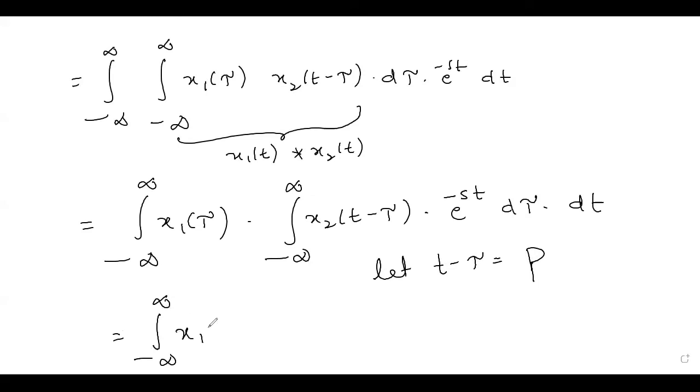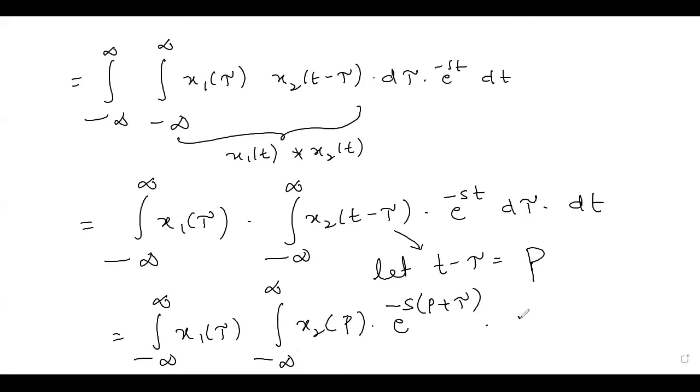Minus infinity to infinity x1 of tau, limits will remain the same, x2 of p e power minus s, in place of t, p plus tau, and dt will be converted into dp, then d tau. Interchanging the order of integration means first we have to write dt, then d tau, because x1 of tau is outside. The first order of integration is with respect to t, then d tau. Please correct it.